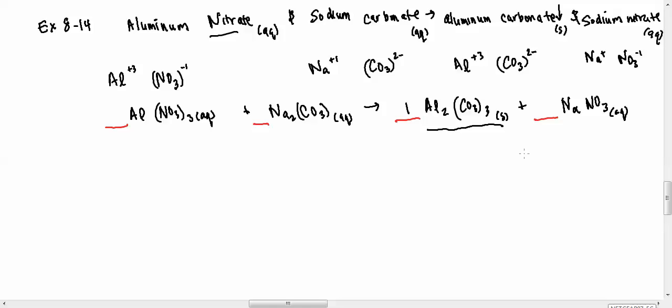Now, all of them seem complicated and cluttered and all of that kind of stuff. But the thing is, there's only one aluminum here, but there's 2 aluminums in this one compound right here. And there's 3 carbonates in this one, and there's only 1 here. So let me just try to deal with this and see what I can get. All right, so if there's going to be a 1 here, then that means there's a 2 here.